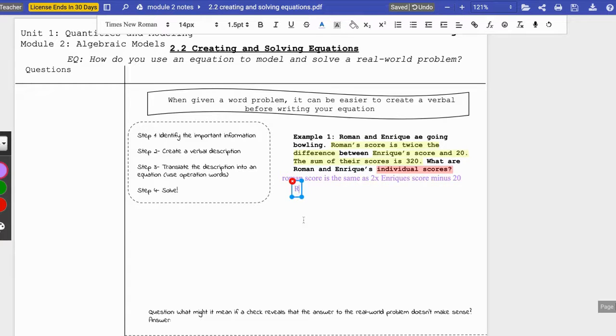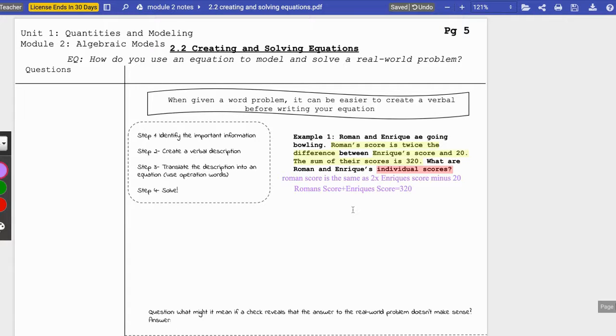And then I also know that Roman's score plus Enrique's score equals 320. So those are my 2 things that I know. So now what I'm going to do is write an equation. Since Roman's score is the same as 2 times Enrique's score minus 20, I'm going to write an expression just for Roman's score.